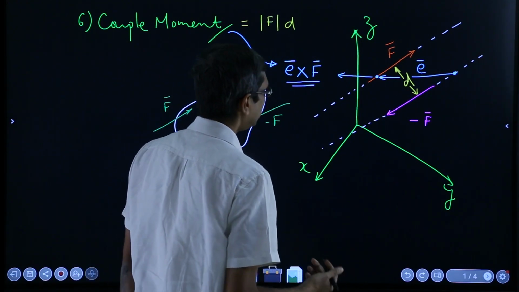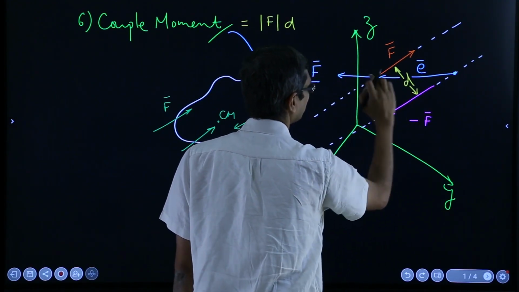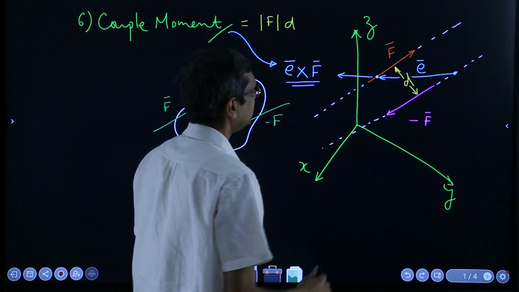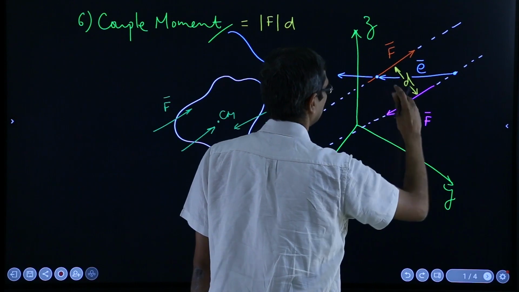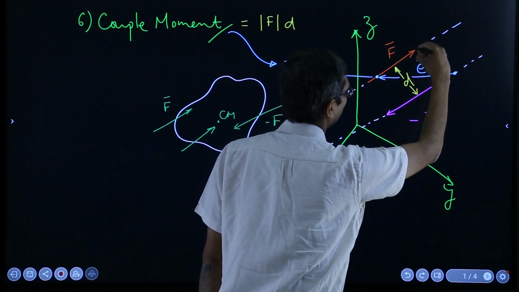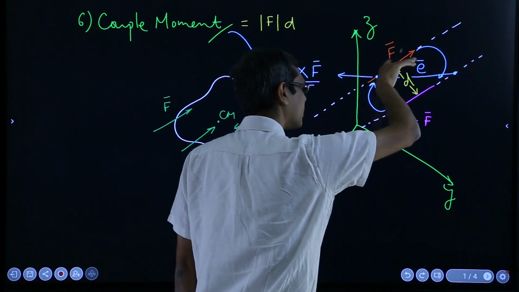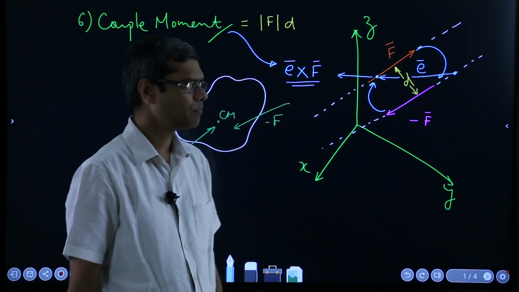To find out the direction, you try to turn E towards F, okay? Then you will get the direction. Or else you can just join this like this in a right handed rule, again you will get the moment in that direction, okay?